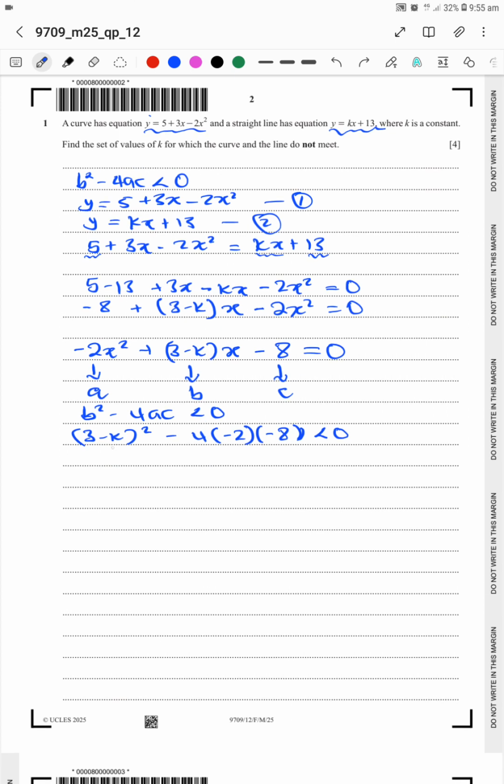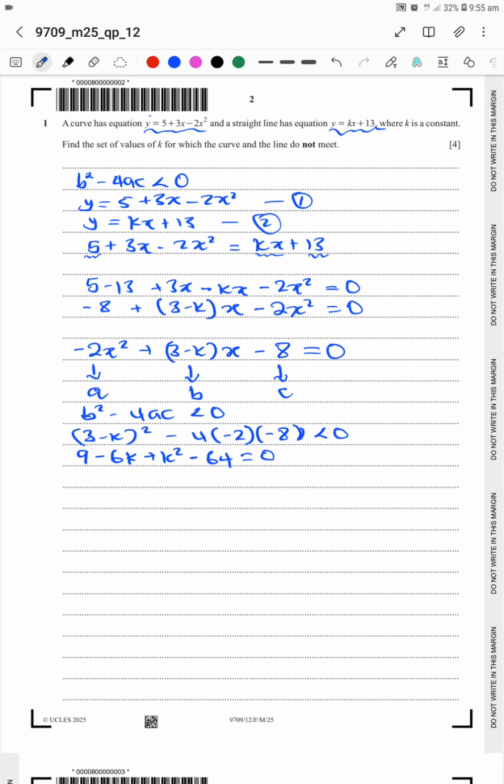So expanding 3 minus k squared, we get 9 minus 6k plus k squared. Then if we multiply negative 4 by negative 2, we get positive 8, and then positive 8 multiplied by negative 8 gives negative 64. And here we can just say equal to 0 for now.